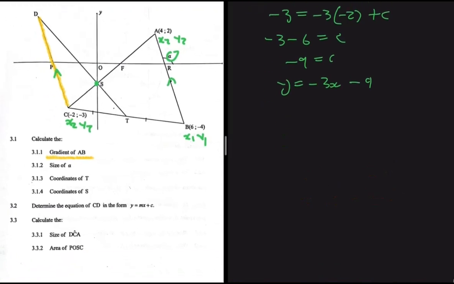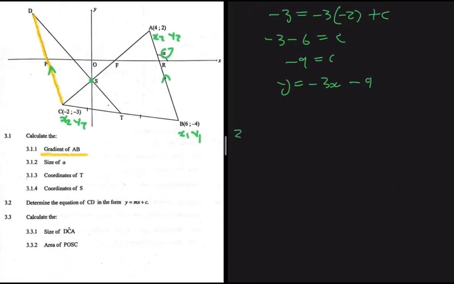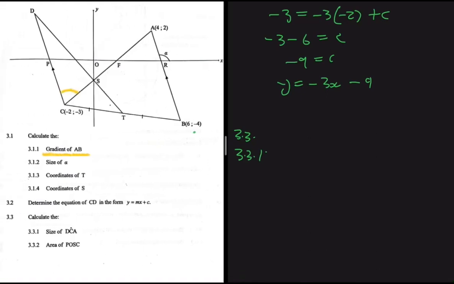So if we come to 3.3 here, and then 3.3.1 is saying that let's find the size of DCA. So DCA, let me just erase what we have here for a bit of clarity. So DCA is this angle here. This question is for 4 marks, right?